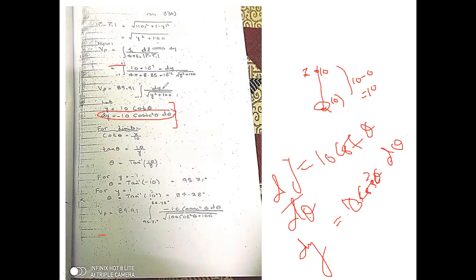So replace dy with minus 10 cosecant square theta d theta, and y with 10 cotangent theta.